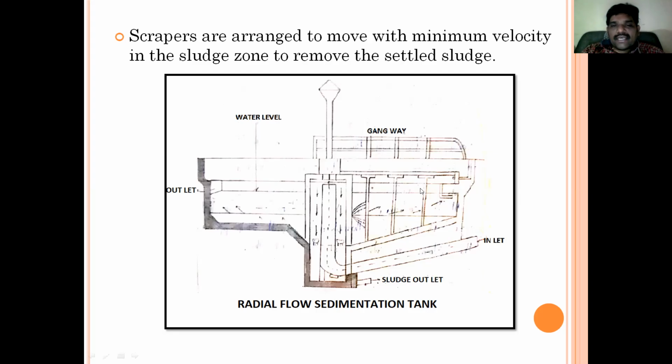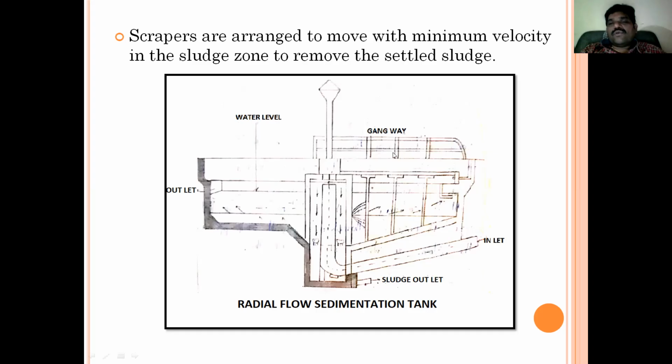Understand? From here, water enters the outlet zone. Through the outlet, water will be taken off. This is the water level. See here, water takes another direction. Understand? And from the outlet, water comes out. This is the water level, and it is the gangway.